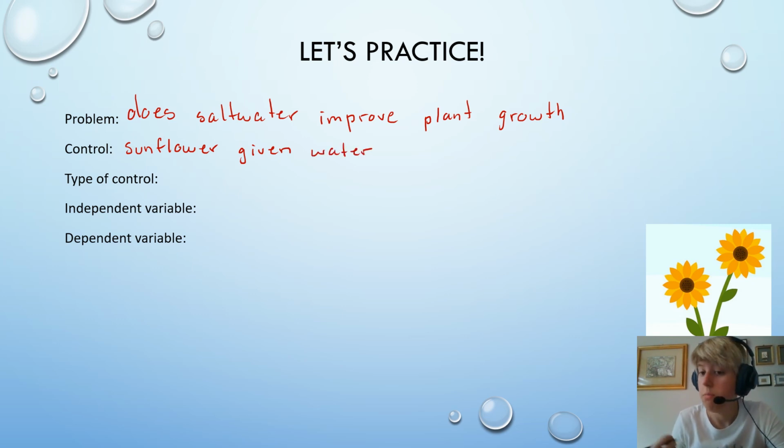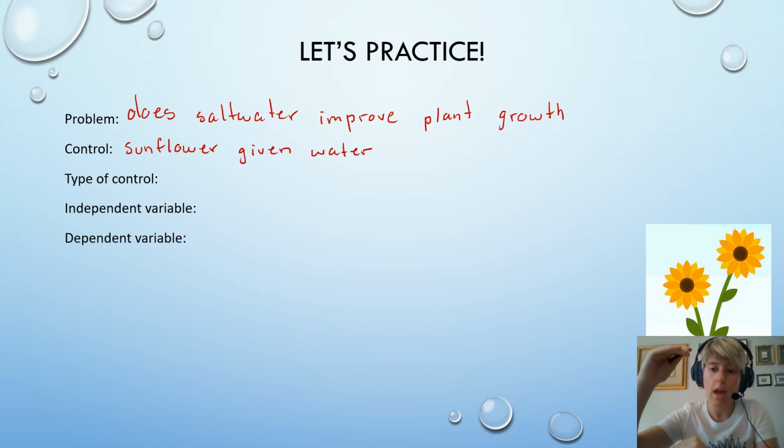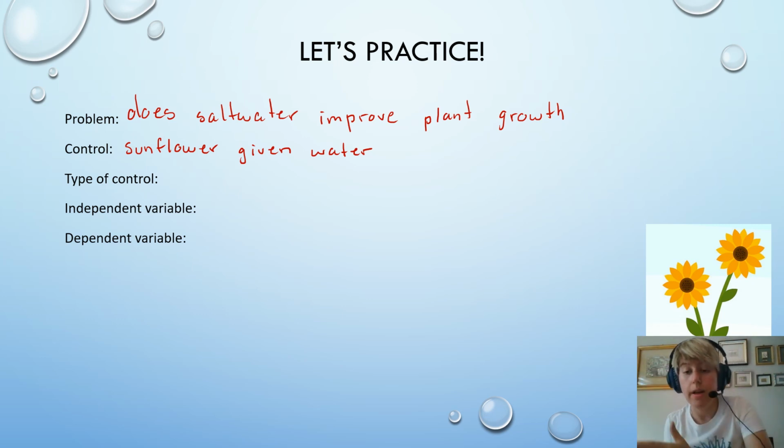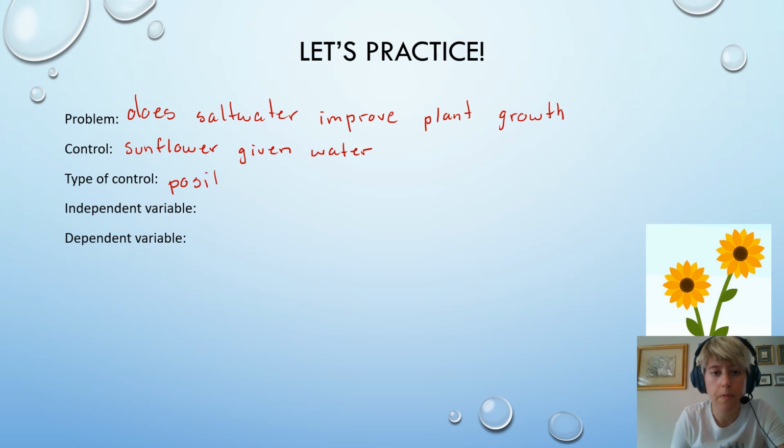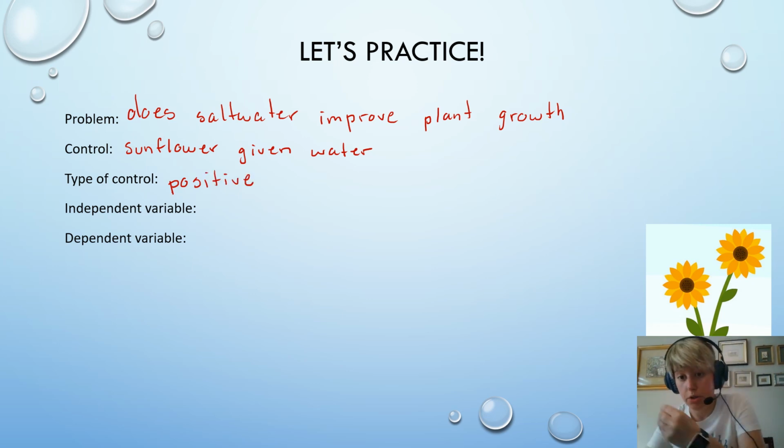Right, because we know plants grow with water. So our control variable is, okay, so I'm just giving my plant water and we're going to see that sunflower is going to grow a certain amount. And then we're going to use that as our baseline comparison to all of the other sunflowers that are given salt water. Now this control is a positive control because I know plants need water to grow.